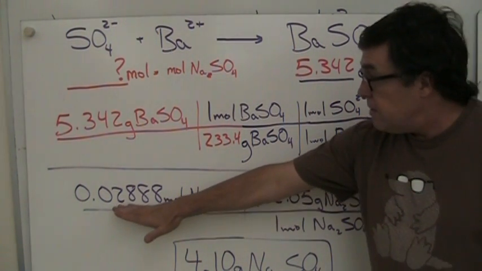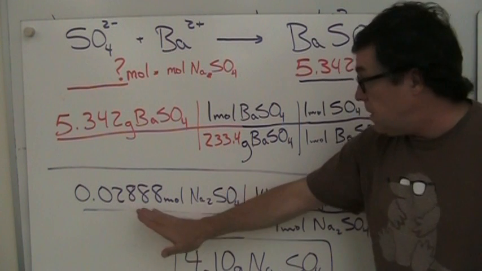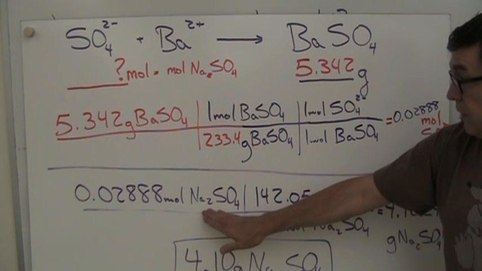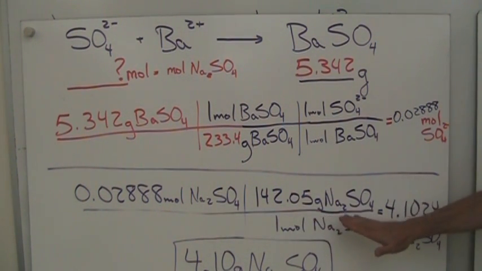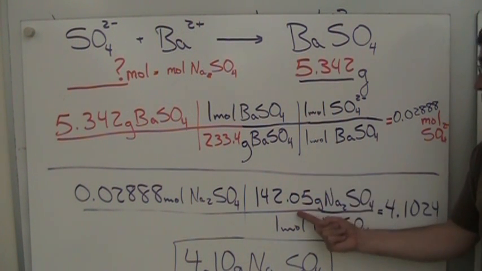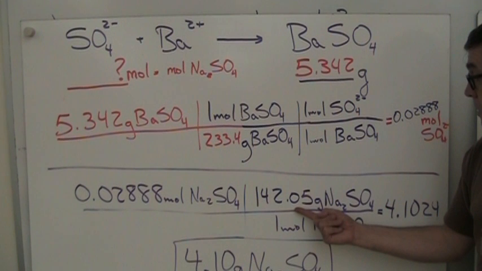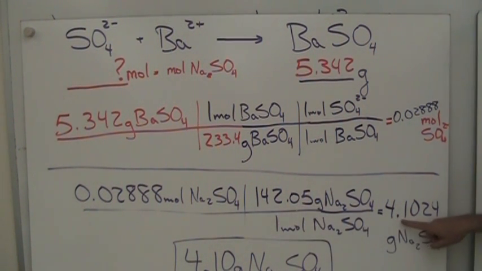So now we need to convert this moles of sodium sulfate in our original analyte to grams of sodium sulfate in our original analyte. So we find the molar mass of sodium sulfate, and we do our calculation. We get 4.1024 grams of sodium sulfate.